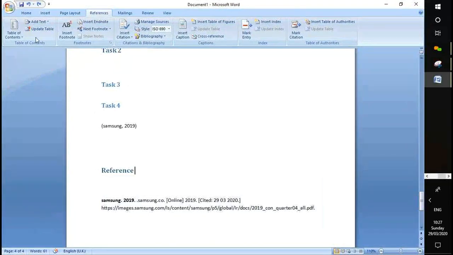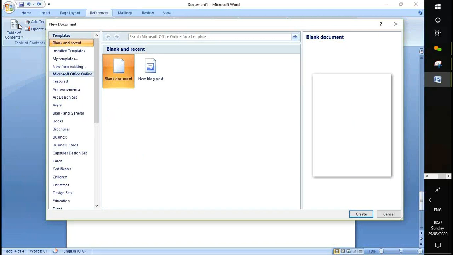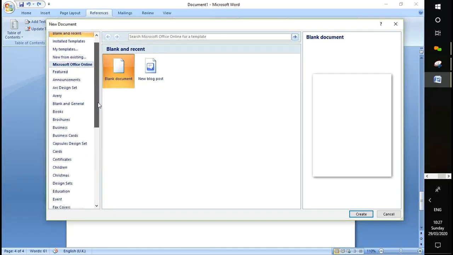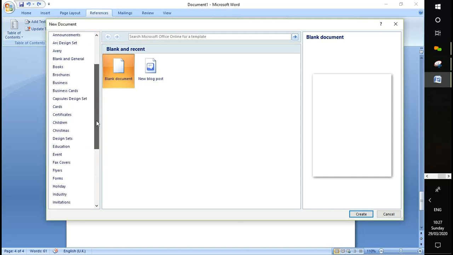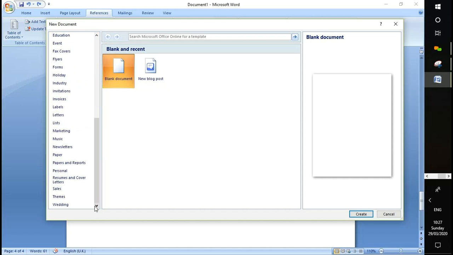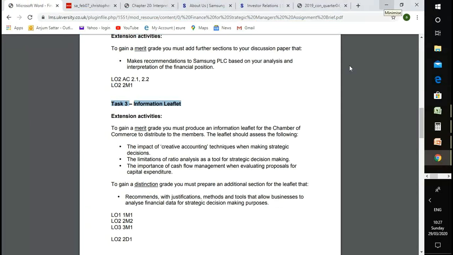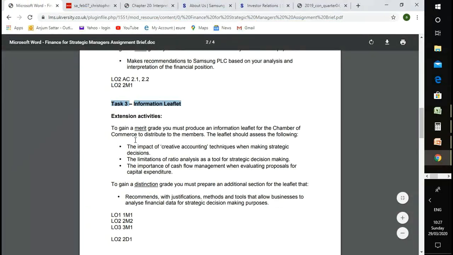So normally if you click here, new, you will see there are a lot of templates, like if you want business card, leaflets, flyer. So you can find the template within those, that's easy if you want. Otherwise just do a simple leaflet.